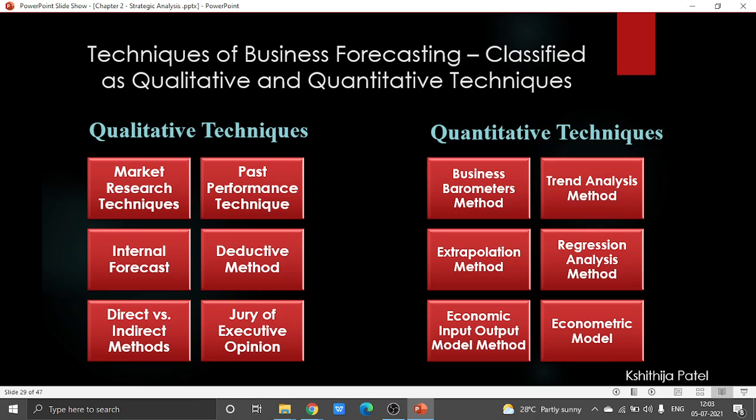Because they collect the information from subunits and later prepare the final one on that basis, this method is also called the bottom-up method of forecasting.